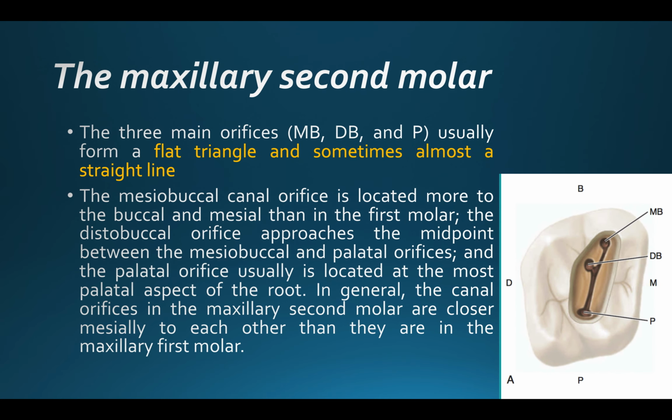Therefore, because the roots are closer to each other, the orifices of the canals are closer to each other, forming a flat triangle, or sometimes they are located on a straight line. So the orifices of the canals are very close to each other.